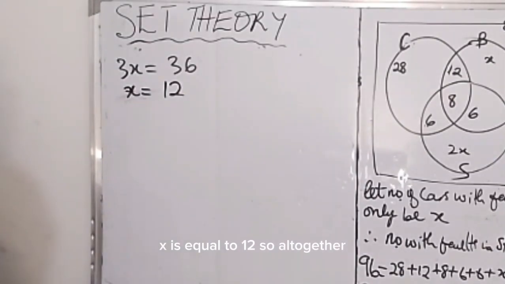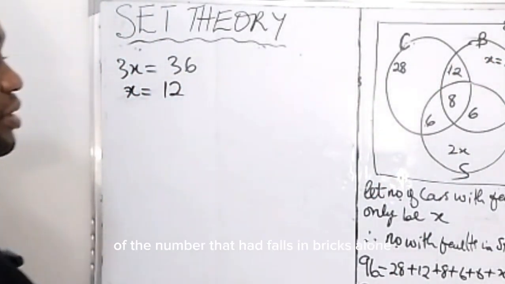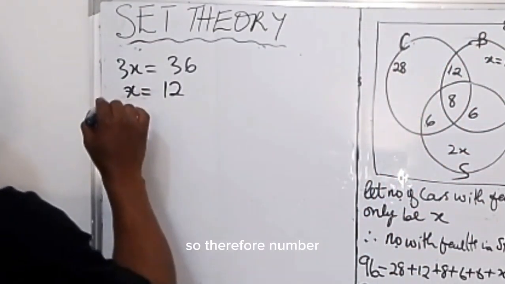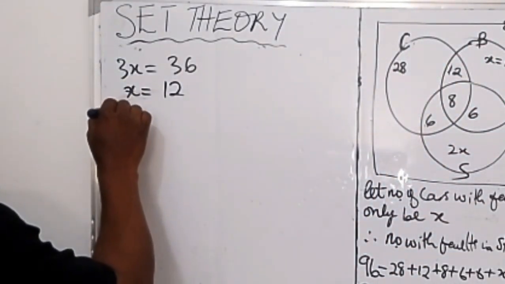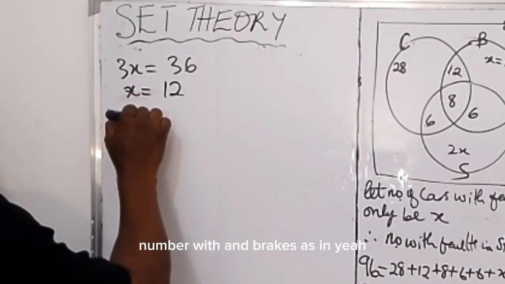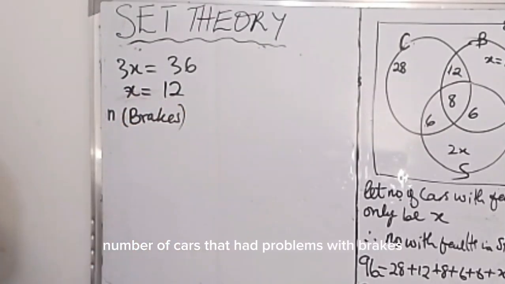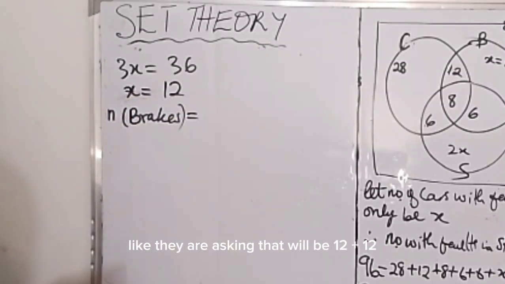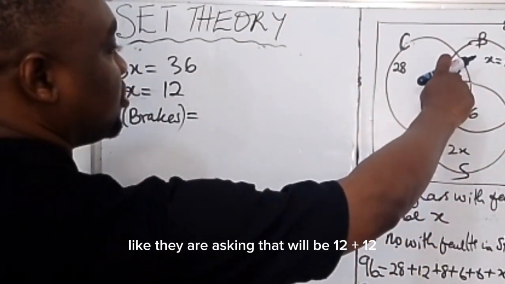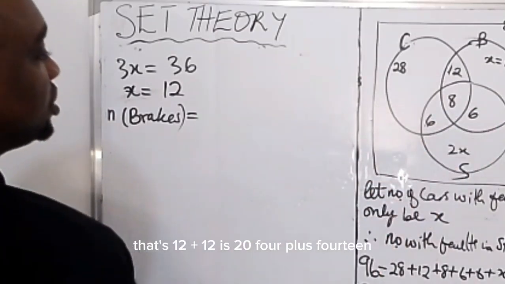So if x is 12, the number of cars that had problems with brakes, like they are asking, will be 12 plus 12, which is 24, plus 14.